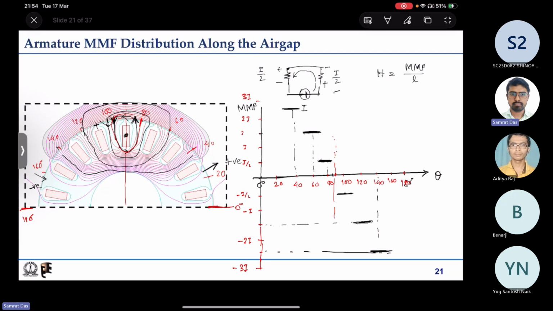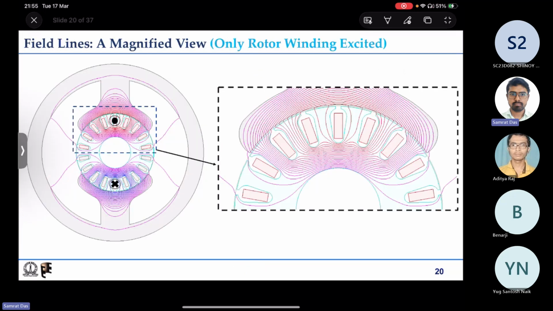Again if I go next, here is the main thing, or here may be the confusion. I have to take a flux line like this, whose length through the air gap I may not know. If I go back here, that may be some line like this, whose length is difficult to calculate.